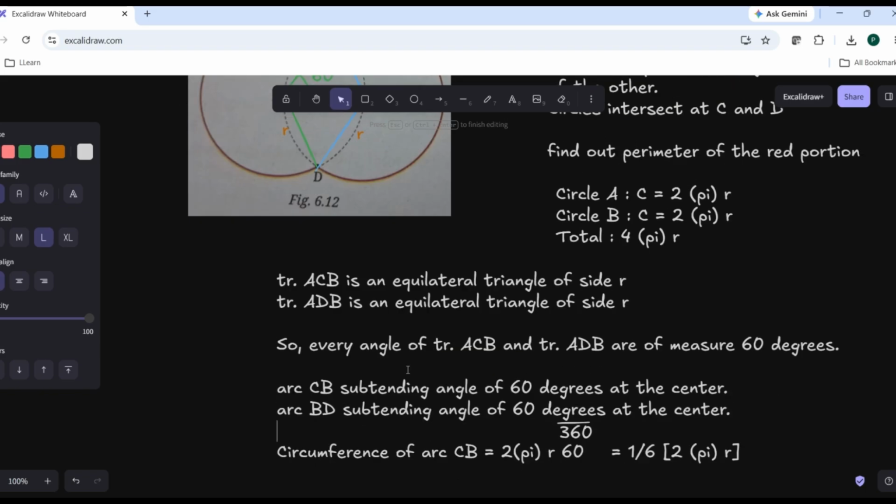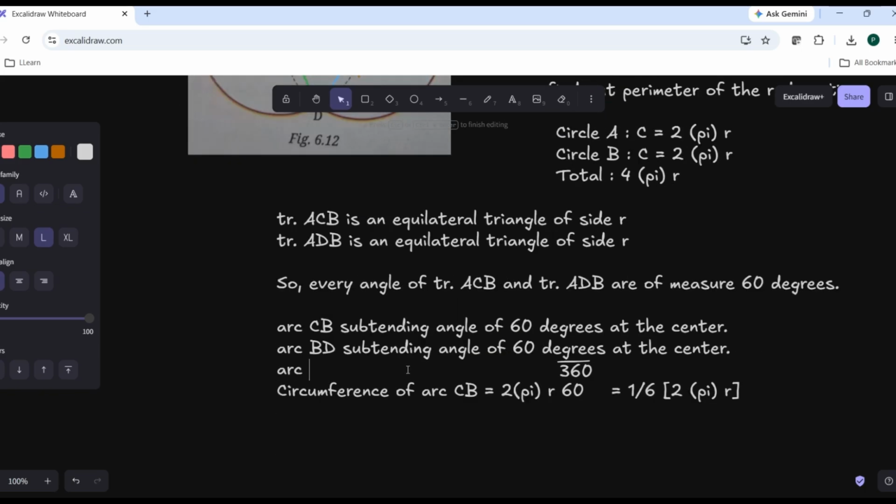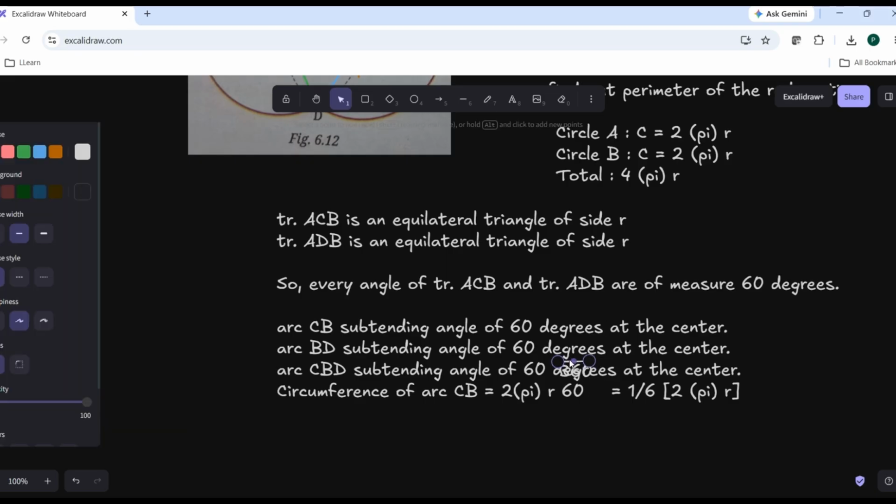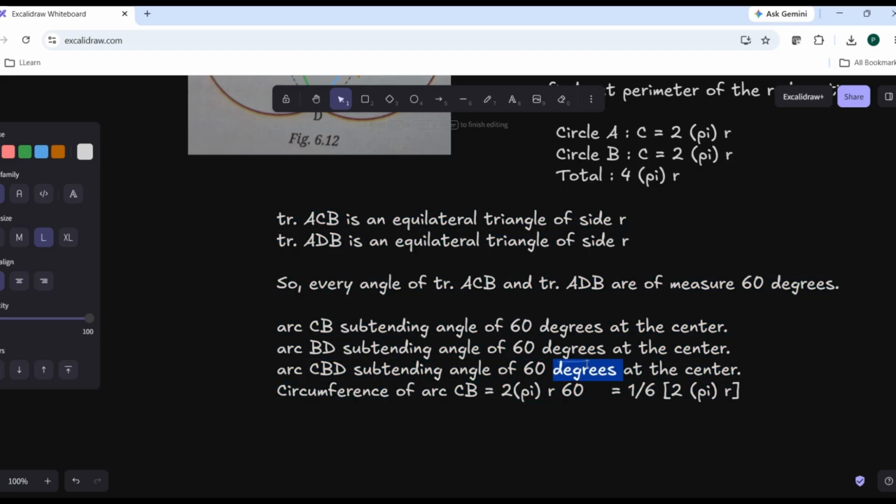Arc CBD is subtending an angle of 120 degrees at the center. I don't know how to remove this, so let's just forget it.